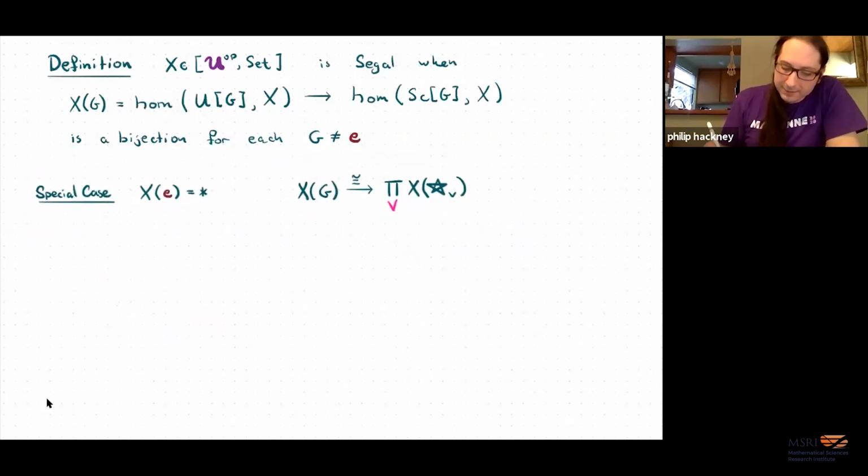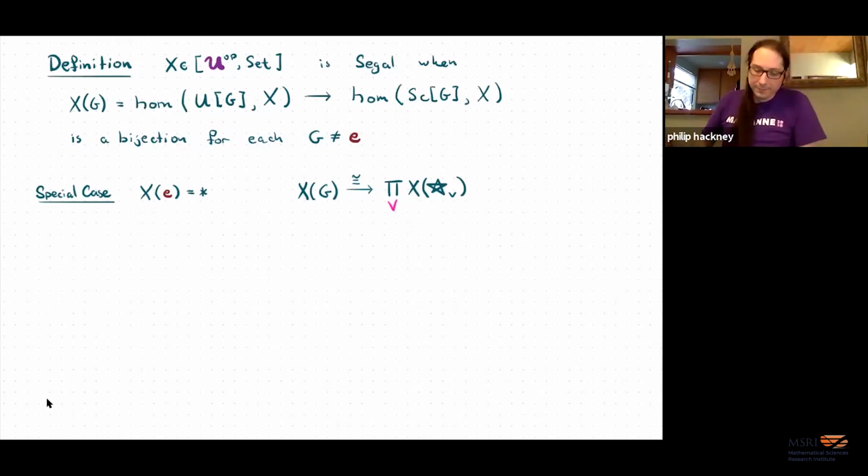This right-hand side is some kind of equalizer of sets, and you just ask that these natural maps be a bijection.